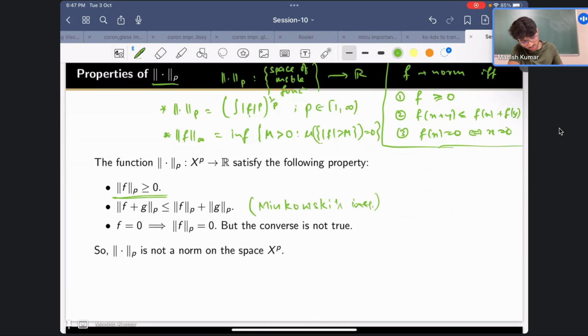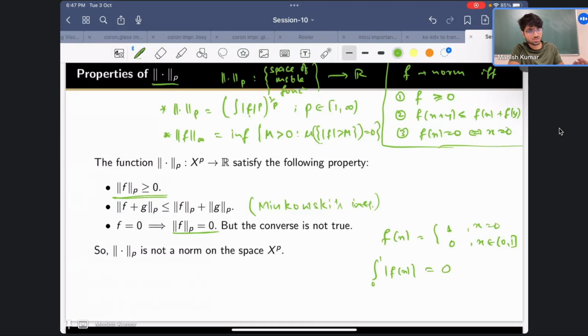So f equal to 0 implies that this is 0, but the converse is not true, right? If you define f of x to be, let's say, 1 when x is 0, and 0 when x belongs to 0 comma 1, then this mod of f over 0 1, this integration is 0, right?